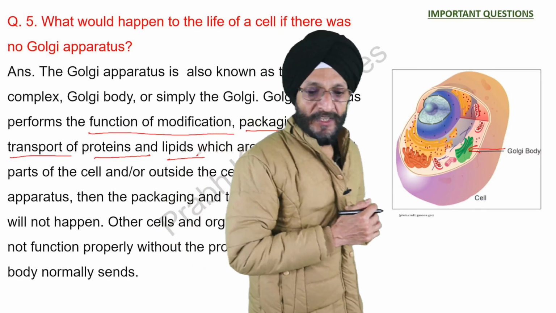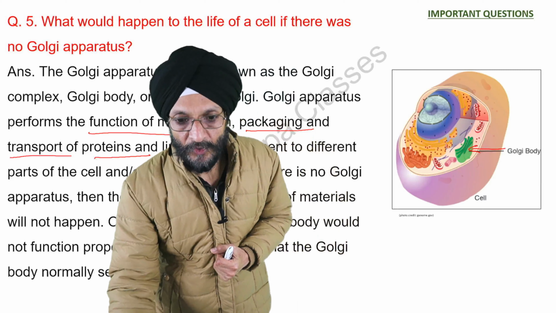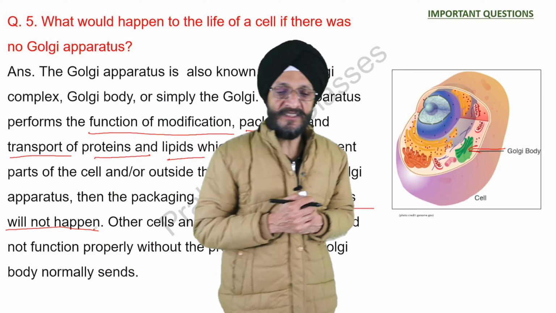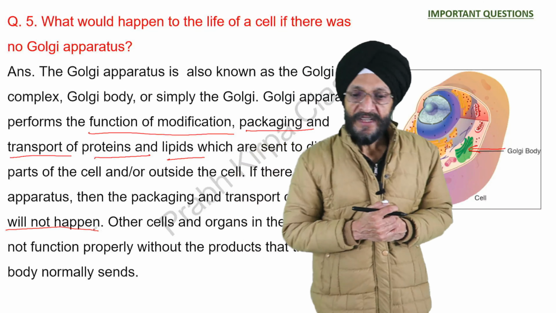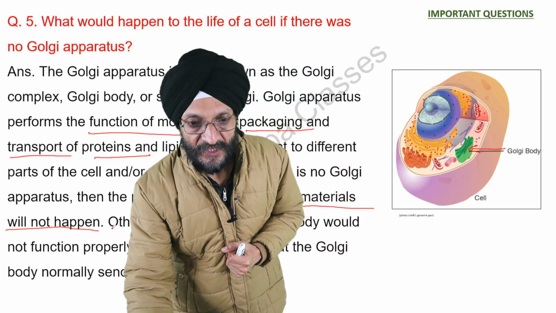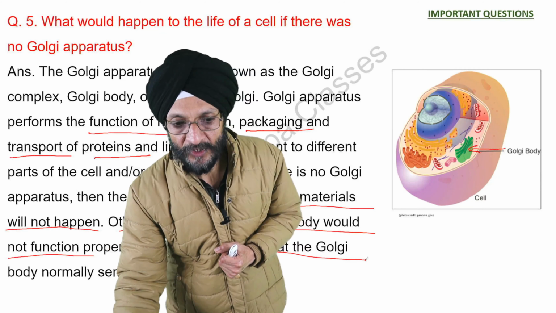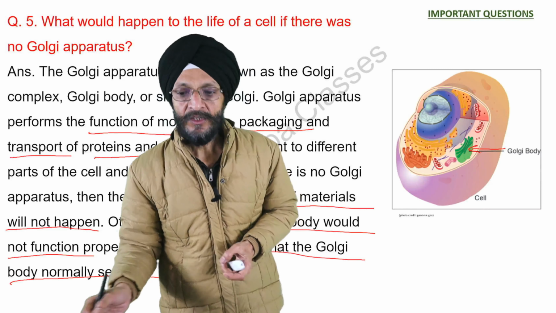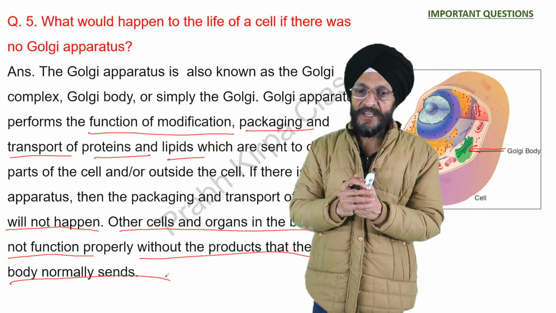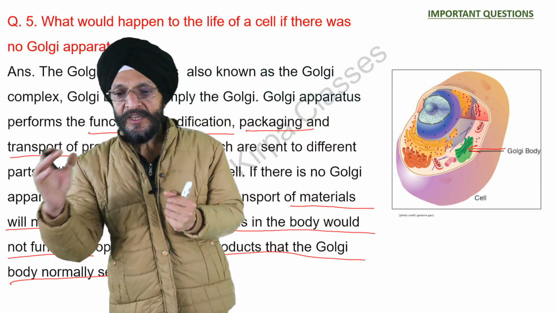If the Golgi apparatus is not there, then the packaging and transport of material to different parts in the cell or outside the cell will not happen. Other cells and the organs in the body could not function properly without the products that the Golgi body normally sends, because the Golgi body is involved in sending different types of materials to different parts of the cell or outside the body.